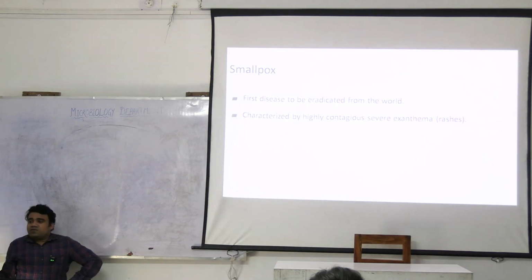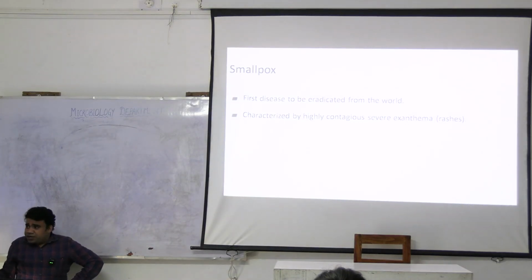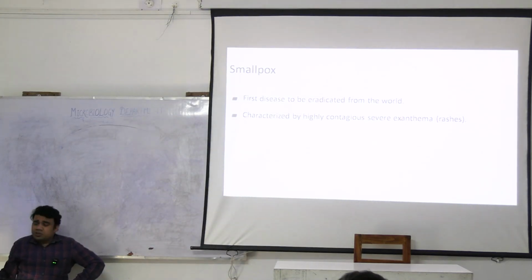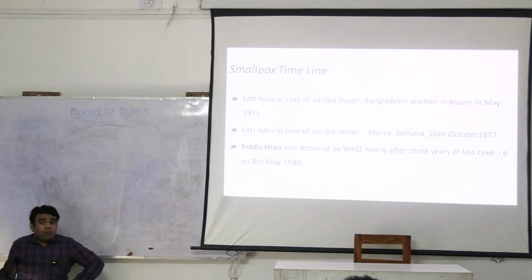Okay, first things first, smallpox was a very deadly disease, caused serious erythema, and had a mortality rate of almost 97%. But as a human population, human beings were able to eradicate the disease with the help of vaccine.